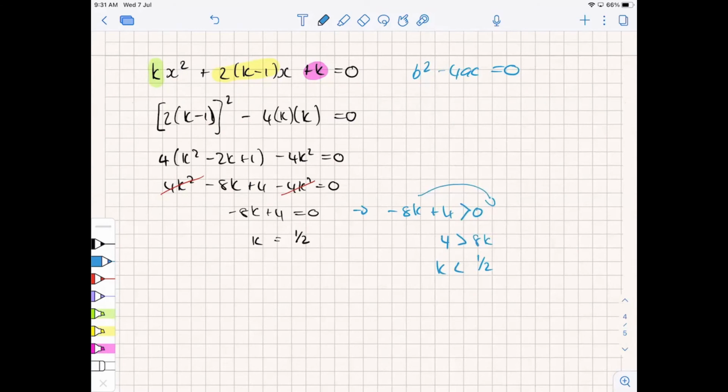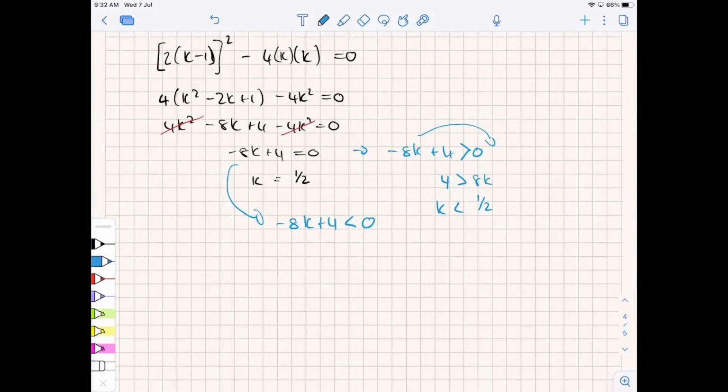And in exactly the same sense, we could take this and say at this point, if I want no solutions, minus 8k plus 4 must be less than 0. Again, I'll move that over to the other side. I'll get 8k, except this time it's greater, and I'll get k must be greater than a half.